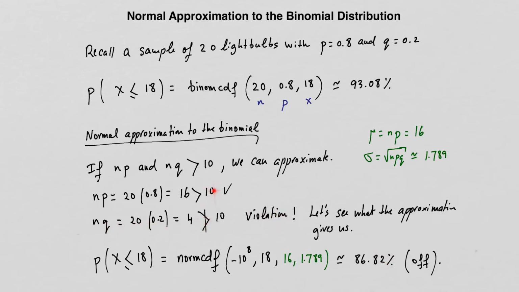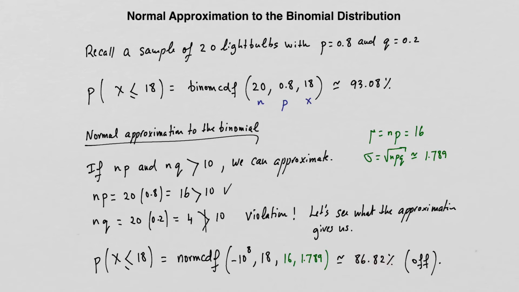If the rules are not violated, I can guarantee you that you'll get something close, maybe 93% or 93.5% or 92.99%. It's not going to be exactly this, but it's going to be close. That's why we say normal approximation of the binomial distribution. So I did expect a number to be off, and yes, I did get it.